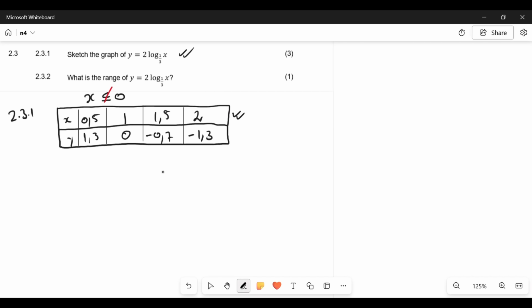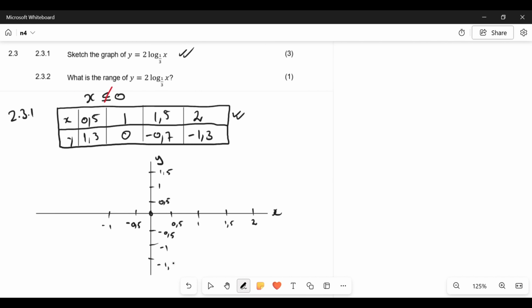Now let's draw our Cartesian plane, and we will be able to draw our graph here. All right, so here is our Cartesian plane. All you have to do is plot this graph using the points here. Let's start with this point.